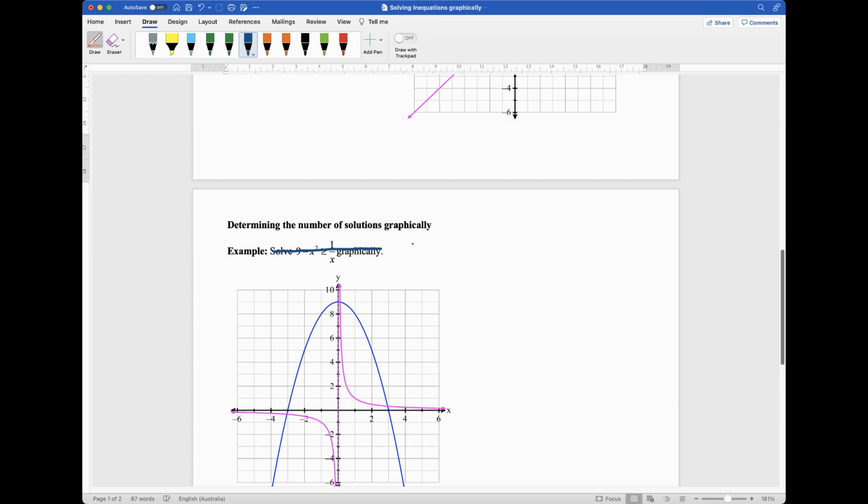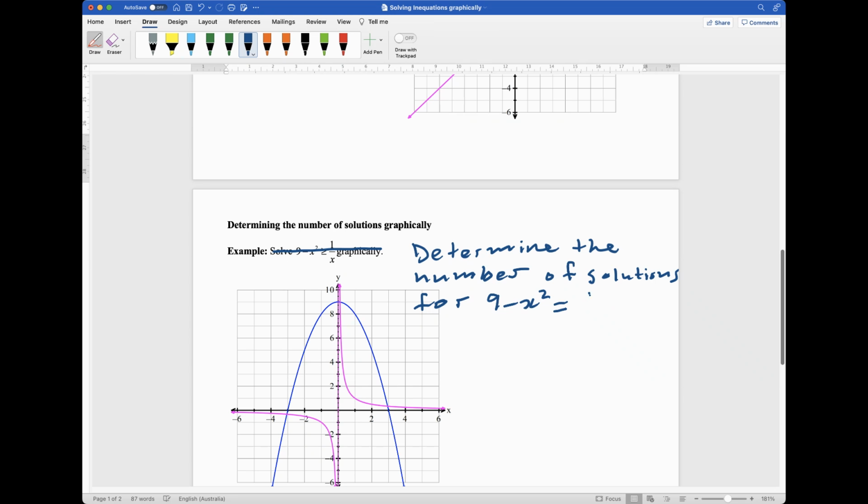Okay, so the question should be: determine the number of solutions for 9 minus x squared is equal to 1 over x.